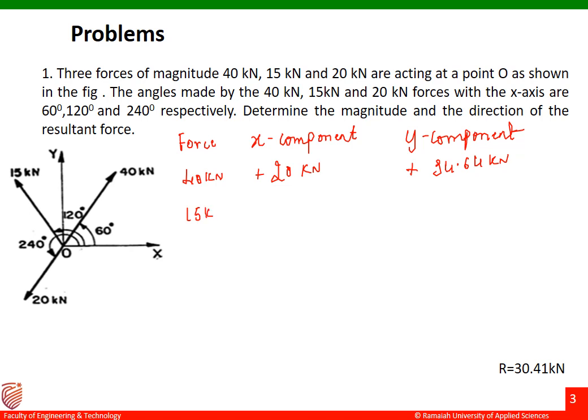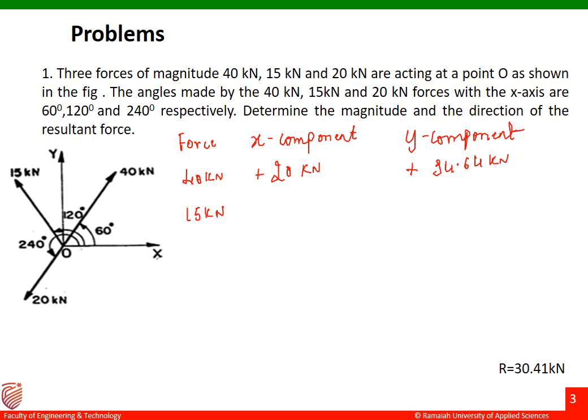Coming to the second force, that is 15 kilonewton. The X component would be 15 cos 120, so it will become minus. Let us consider a single quadrant here. The 15 kilonewton force is acting in the second quadrant.